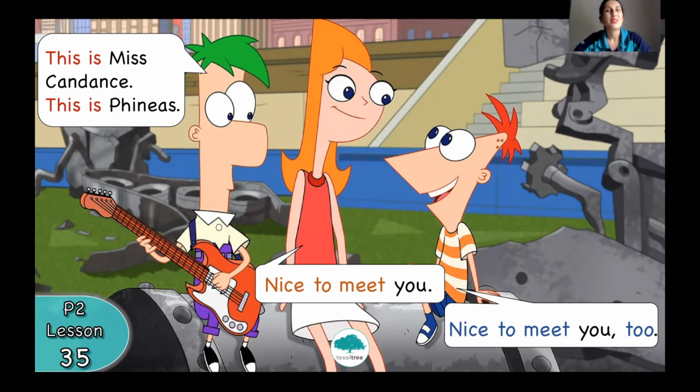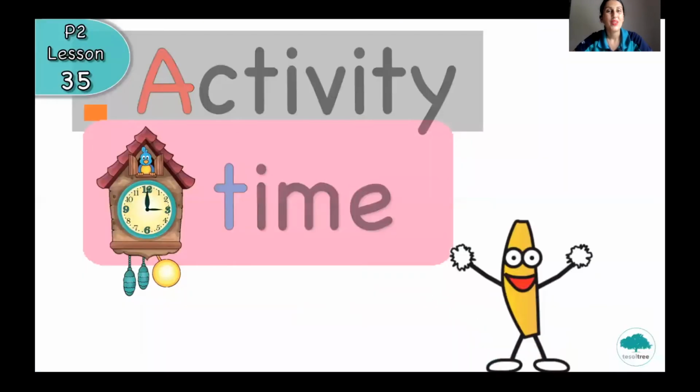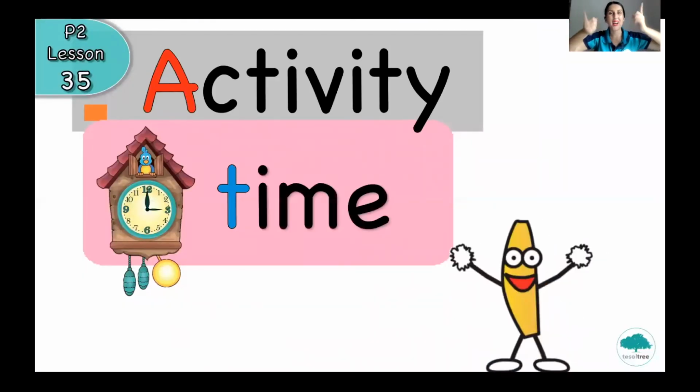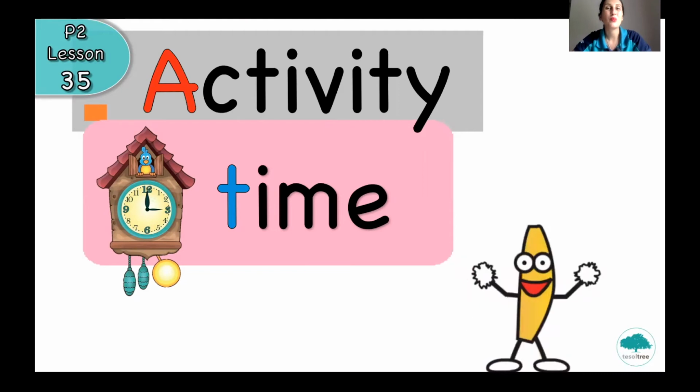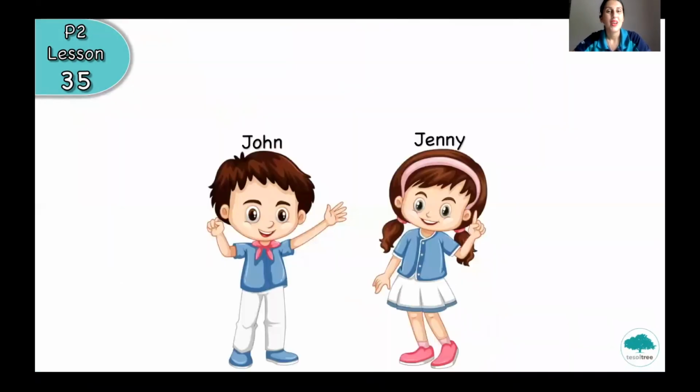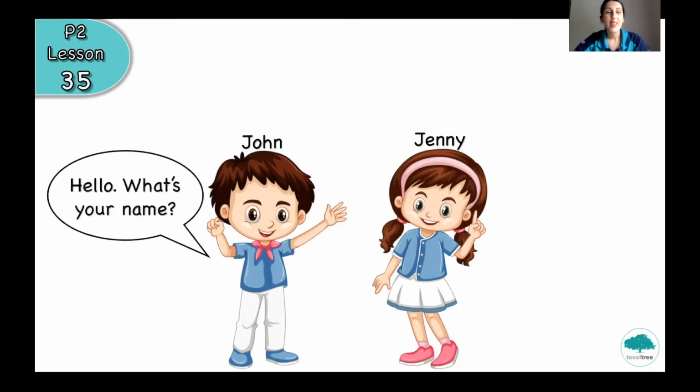So we looked through 3 conversations, and now it's your activity time, P2. So we will practice our conversations again, and we will do some activity. I want you to look at the picture. So we have John and Jenny. And John asks Jenny, hello, what's your name?